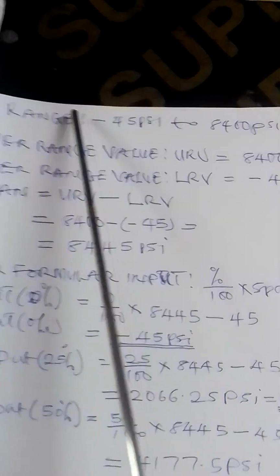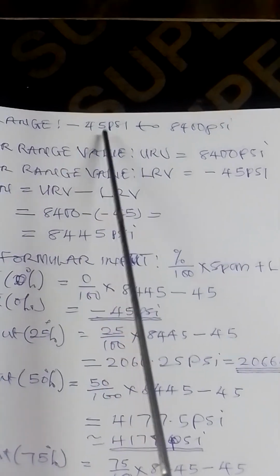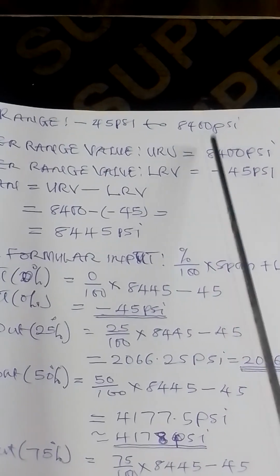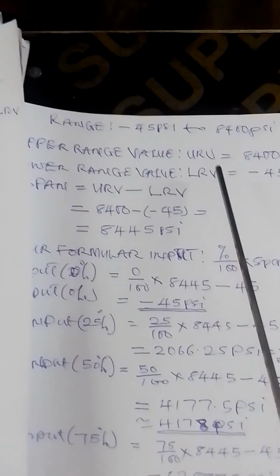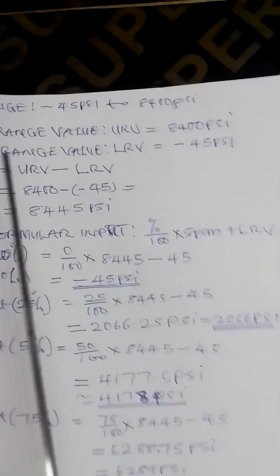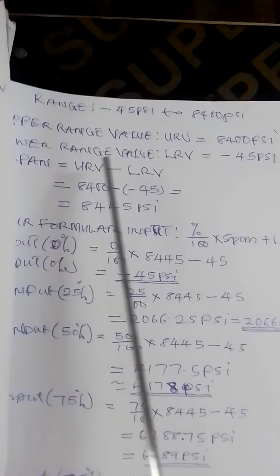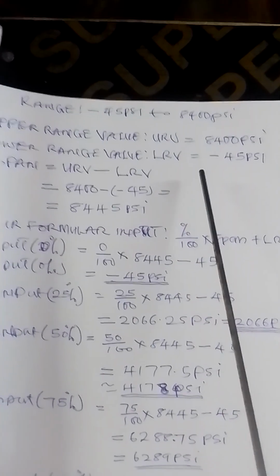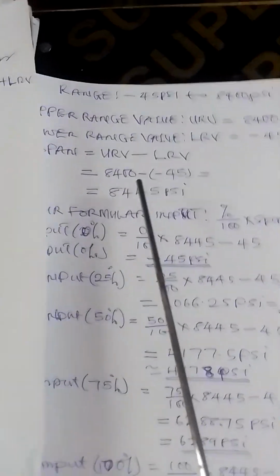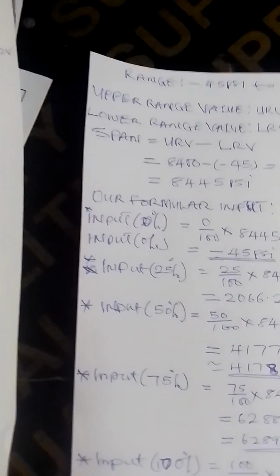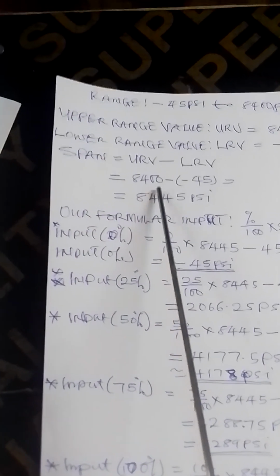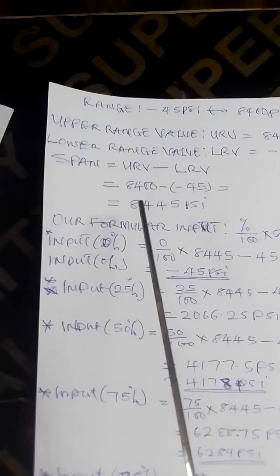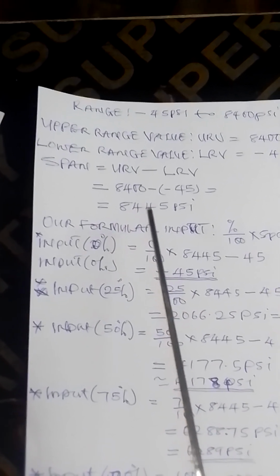Because this one is very critical, it's something crucial I want my people to know. Minus 45 psi to 8400 psi. The upper range value is 8400 psi, while the lower range value, LRV, is minus 45 psi. So your span is the upper range value minus the lower range value, 8400 minus minus 45, which is 8445 psi.